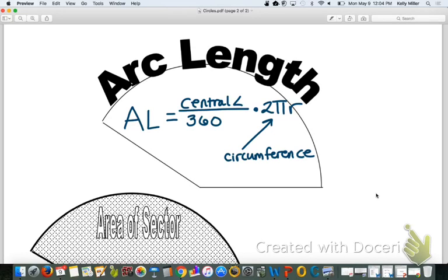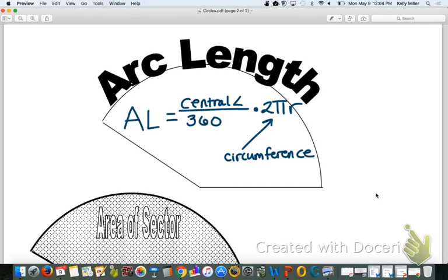Now, keep in mind the difference. Back when we were talking about central angles, if this was, let's say, 110 degrees, how many degrees is the arc? The central angle is 110.